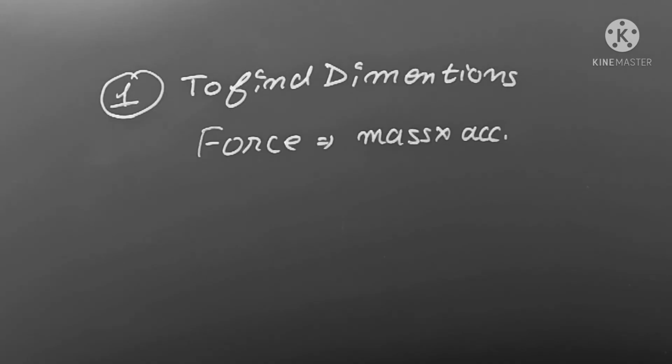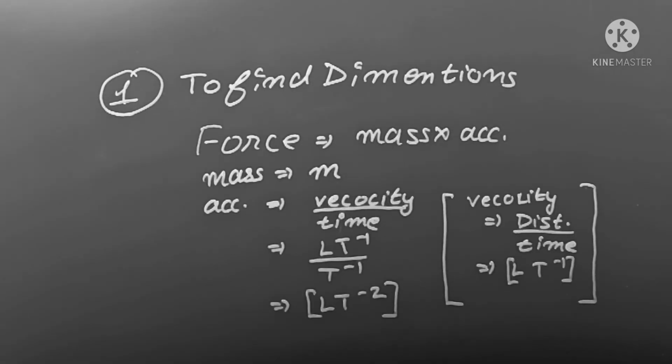The formula of force is mass into acceleration according to the second law of Newton. So we know that mass is equal to M, and the formula of acceleration is velocity upon time. The velocity's formula is distance upon time. So the dimensions come out to be L T minus 1, which is similar to speed.